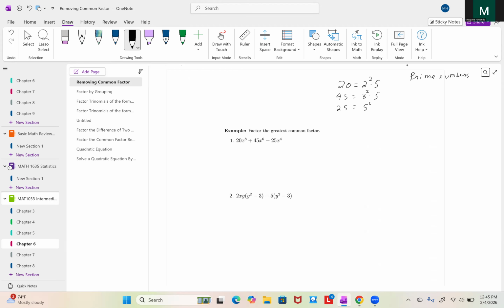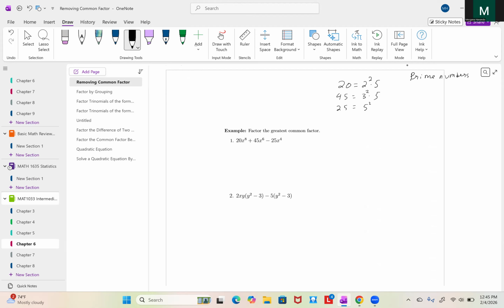So we want to write each coefficient term as a product of its prime numbers. We want the factors to be prime numbers here. So we break the coefficients into a product of their prime numbers.